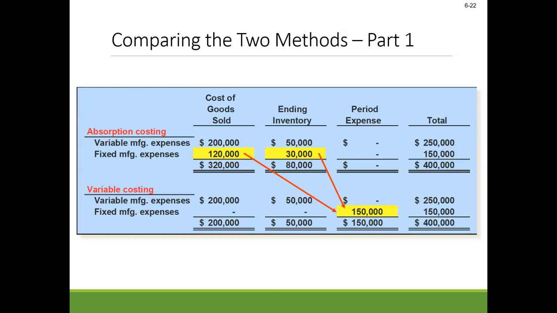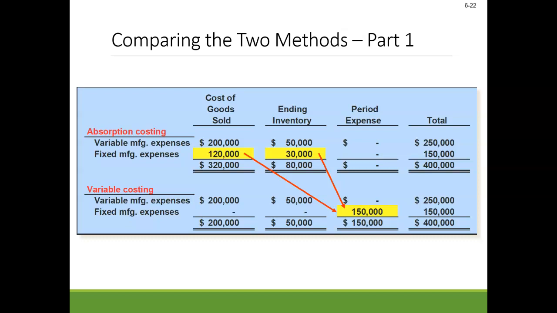When we deal with variable costing, that entire amount is a period cost. So all of it is subtracted to arrive at our net income in the income statement. So that 30,000 that's sitting in the balance sheet, we don't take into account when we're dealing with variable costing.